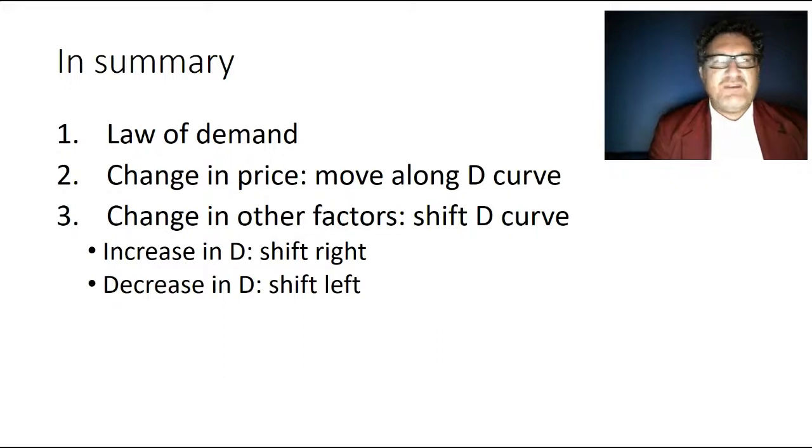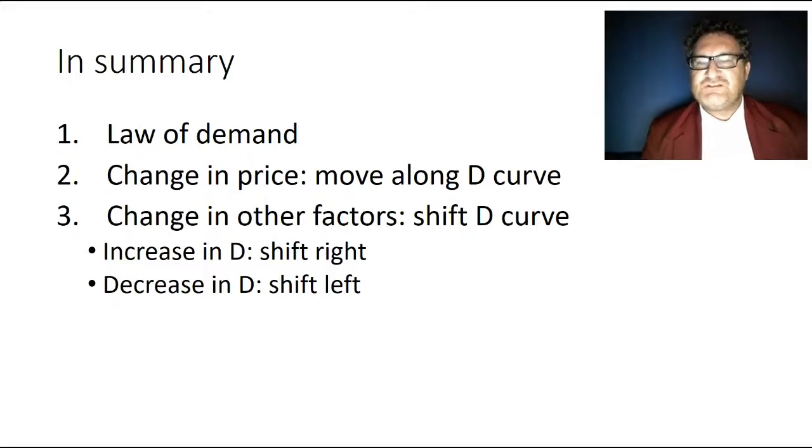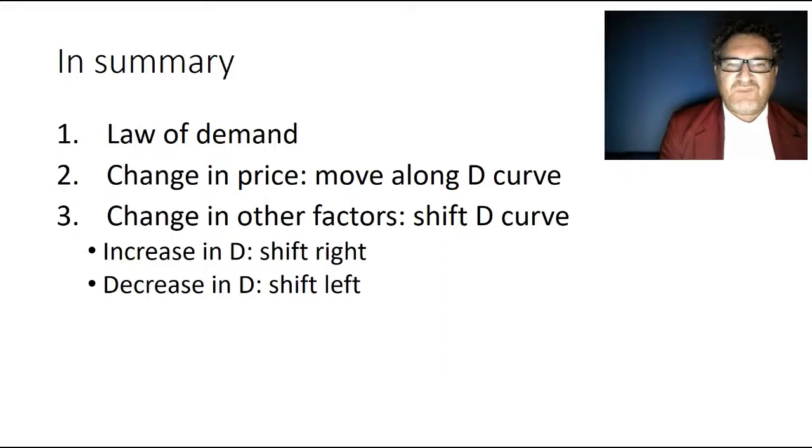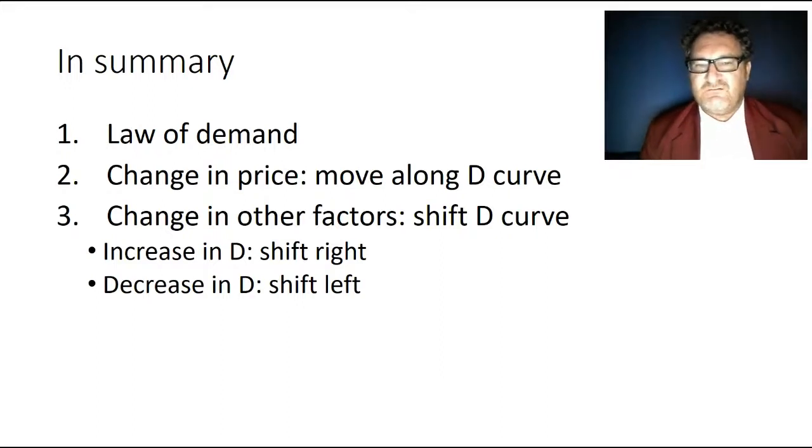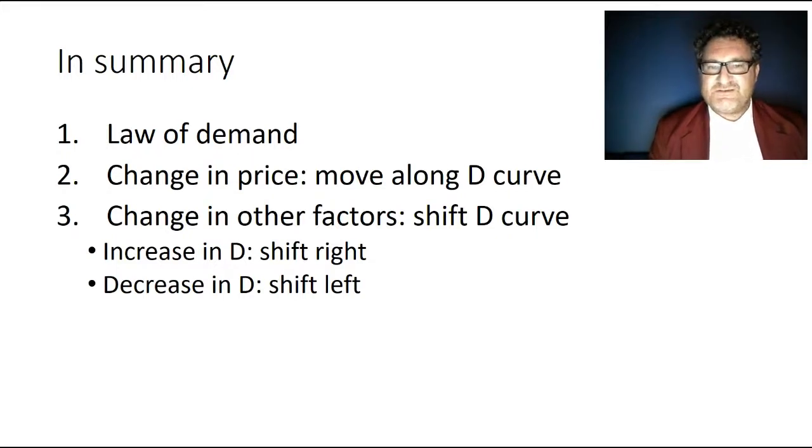But when we change all of the other factors which can affect the quantity demanded, we would have to shift the entire curve, either to the right or to the left. If we shift the demand curve to the right, that's indicating an increase in demand, no matter what the price is. And if we shift the demand curve to the left, we're indicating a decrease in demand, no matter what the price level is.